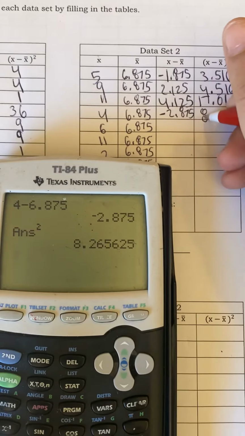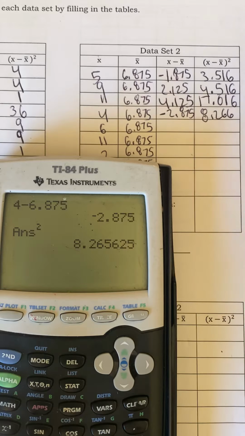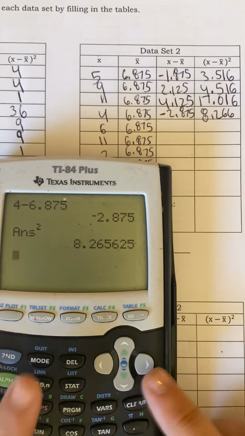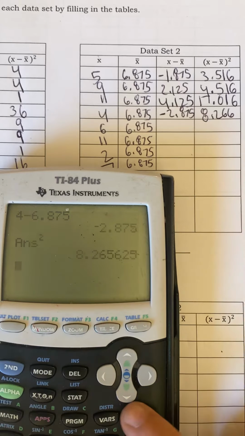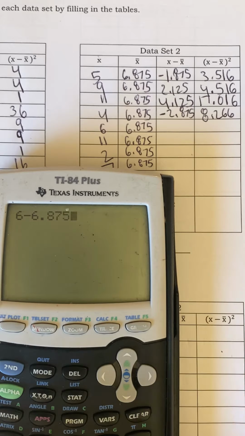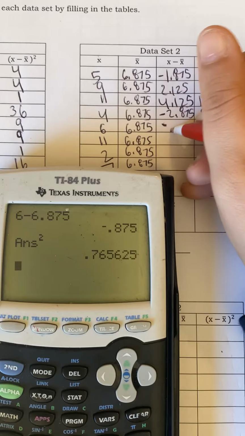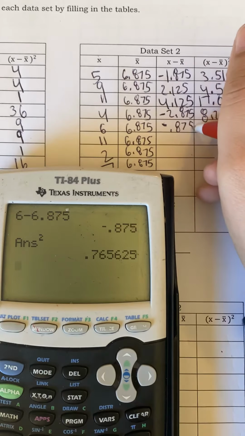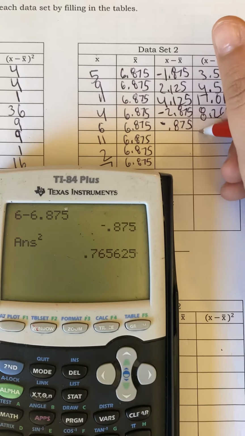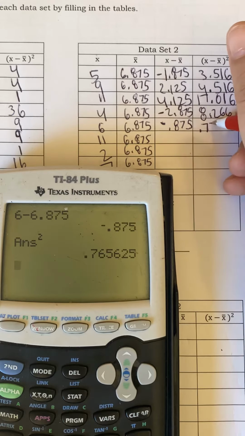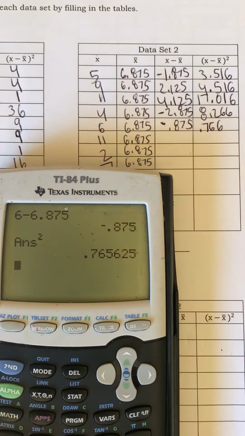So that gives me 8.266. Then we go to our next row. 6 minus 6.875. And then square it. And that gives me 0.766.